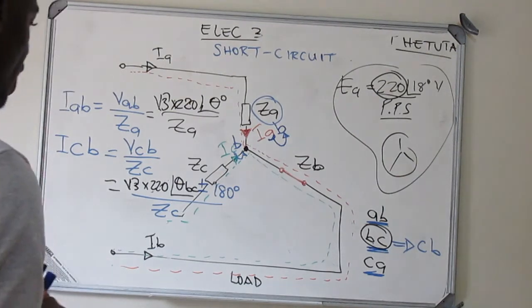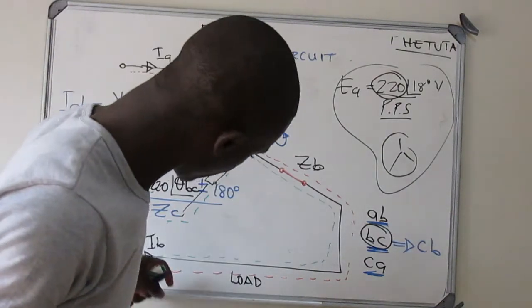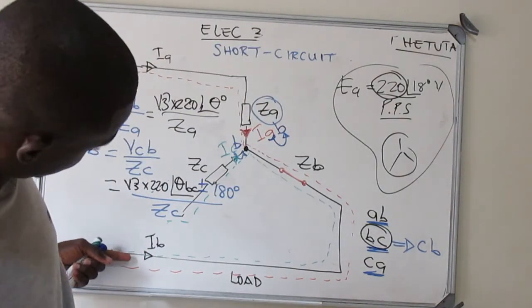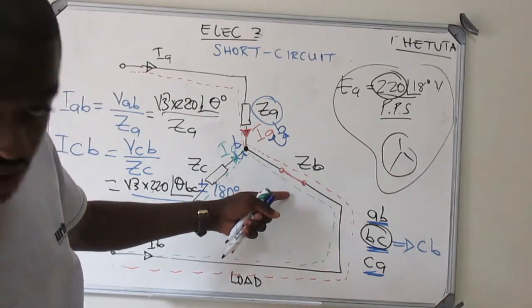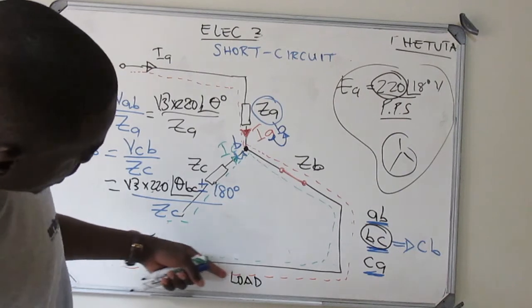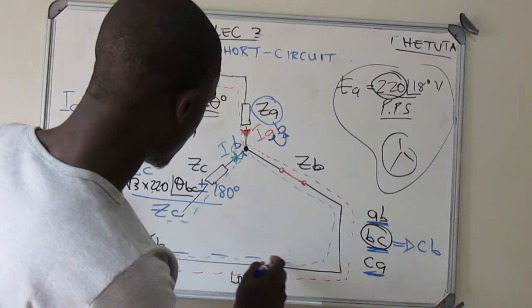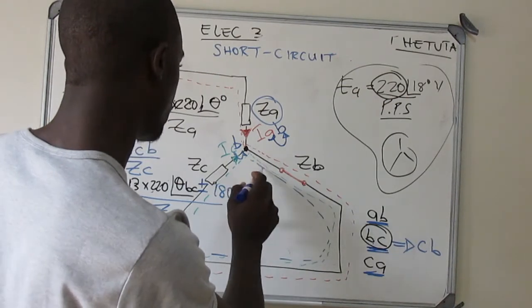Okay? So after getting these two currents, remember that in this impedance where there was a fault, we still have a current that is coming from the supplier, which is the current what? I_B. So we still have a current I_B, which is coming also from the supplier to the junction. Can you see?